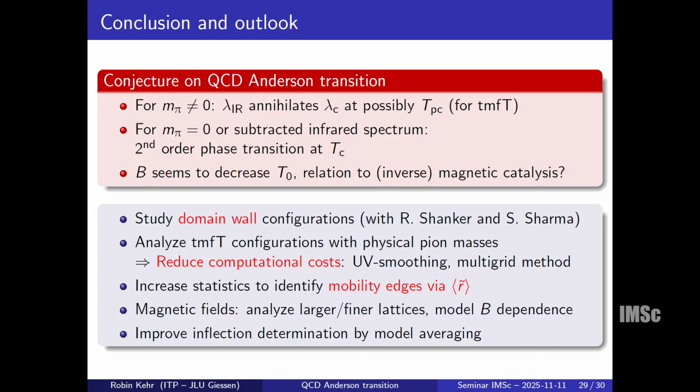And for a lot of points, we also talked about that. It's also important to improve the determination of the mobility edge by doing such model averaging, choosing different fit ansatzes, different bin sizes, and also different fit windows.